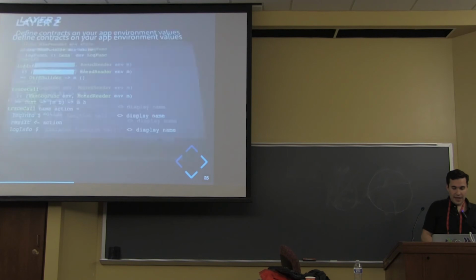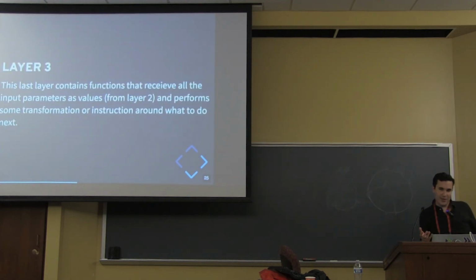Okay. And layer 3 is quite difficult to explain with just code because in the end, what you want to do is just have pure functions that pull stuff out of the environment and do something, right? And if you have to do some side effect of some sort, you return a record that can be interpreted and executed on layer 2, right?